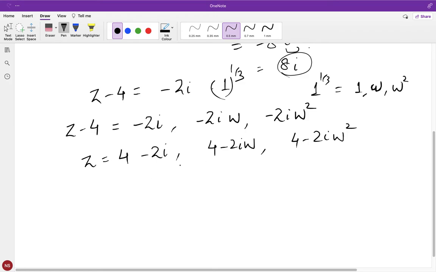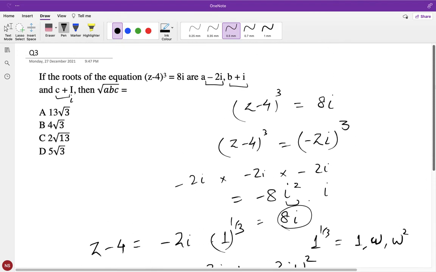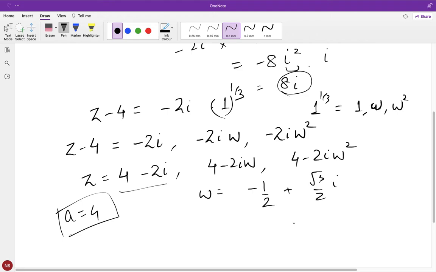I will have to do some sort of simplification for this. So a minus 2i is here, 4 minus 2i, so a is 4, but for b and c I will have to solve it. We know that omega and omega square can be written as minus half plus root 3 by 2i, and minus half minus root 3 by 2i.